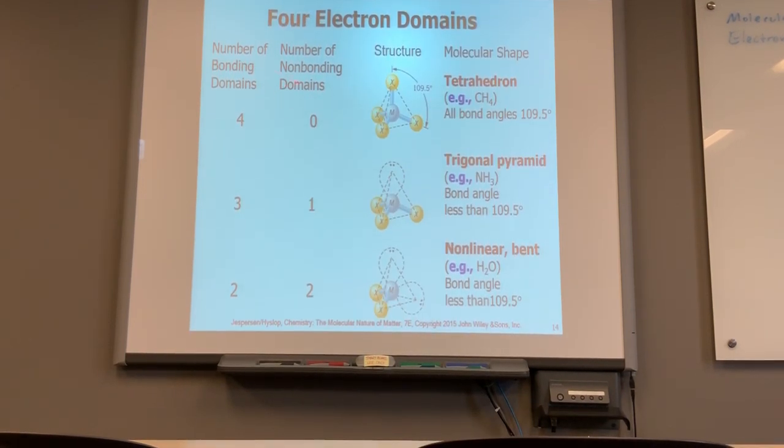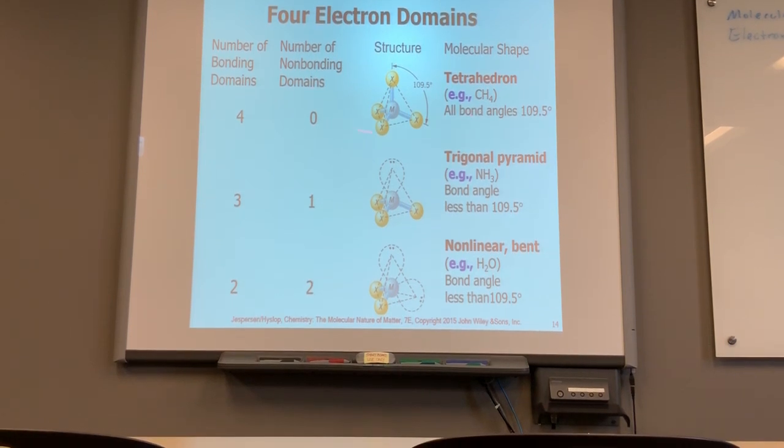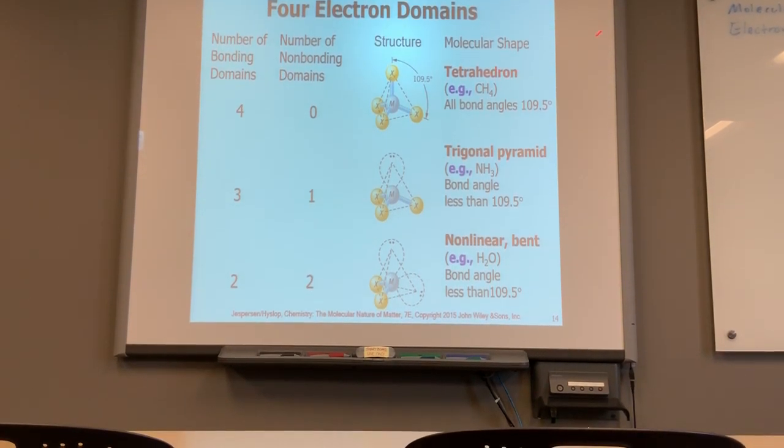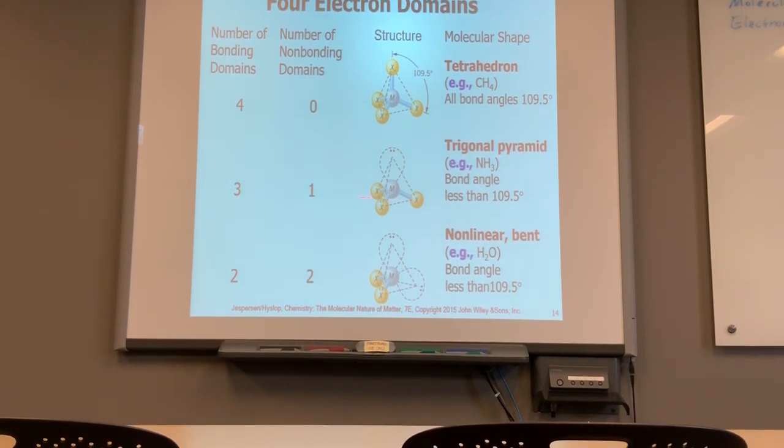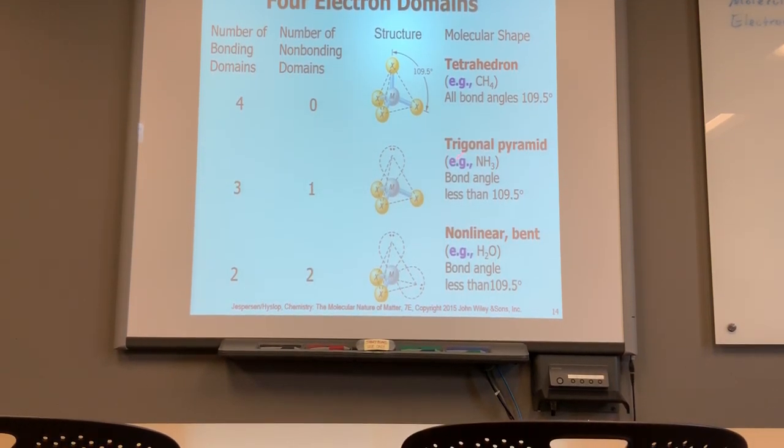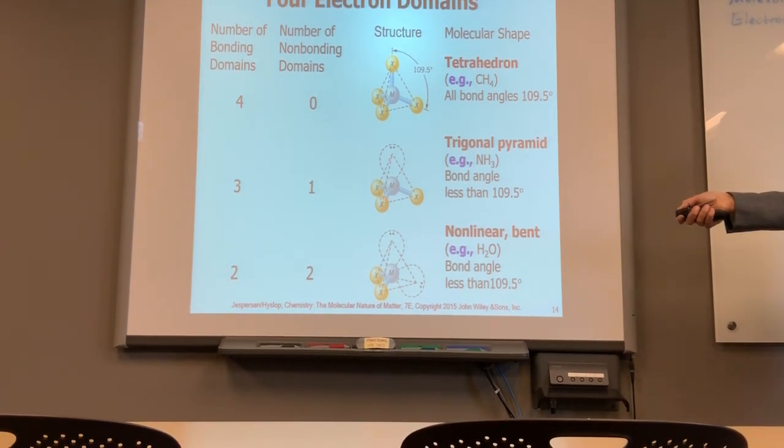And then we have four domains. If it's all bonds, it's tetrahedral, just like it was for electronic. But now we add a lone pair, now it's a new shape, because the molecular geometry doesn't consider the lone pair in the overall shape. You can see that there are the dashed lines for the electronic geometry still in this table.